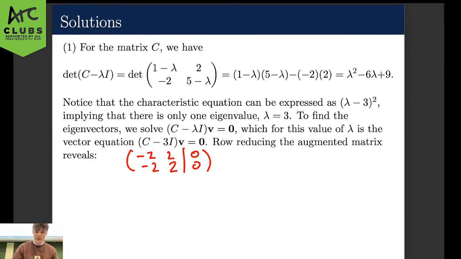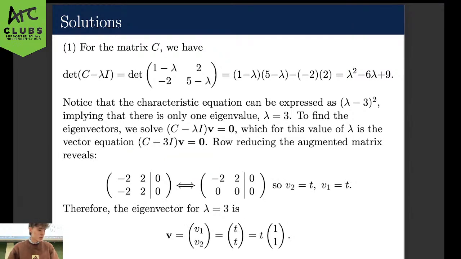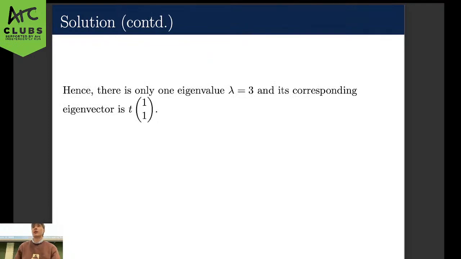Performing the row reduction, we get the solution v equals some parameter t multiplied by the vector 1, 1. So for our eigenvalue lambda equals 3, the corresponding eigenvector was t times (1, 1). This is our only eigenvalue and corresponding eigenvector for the matrix C.